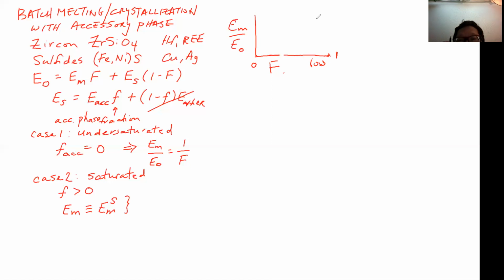And we're going to assume that initially the system is undersaturated in, say, sulfur, sulfide. And so if you crystallize this melt or decrease the melt fraction, then you will keep going up by 1 over F. That would be the behavior. But eventually, you're going to hit a point where you hit saturation.